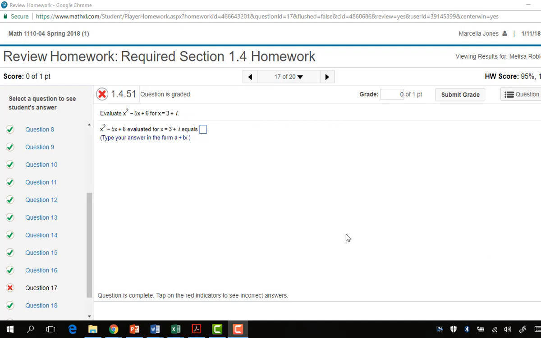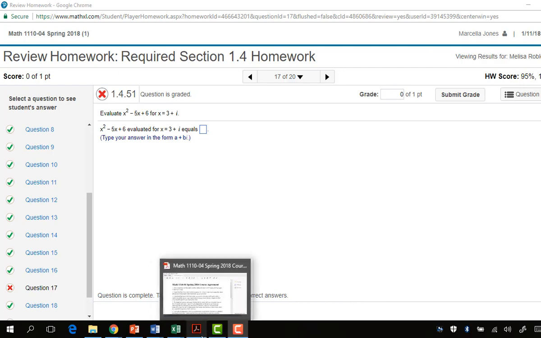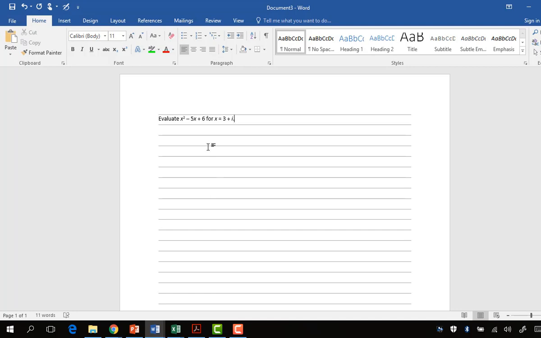Let's take a look at number 51 from section 1.4, where we want to evaluate x squared minus 5x plus 6 for x equal 3 plus i. So our value of x that we're substituting into the equation is a complex number.